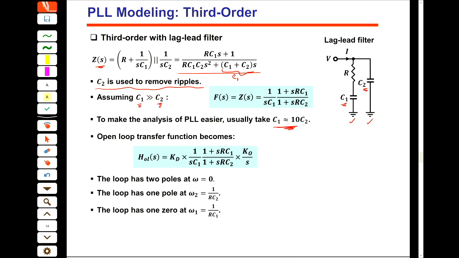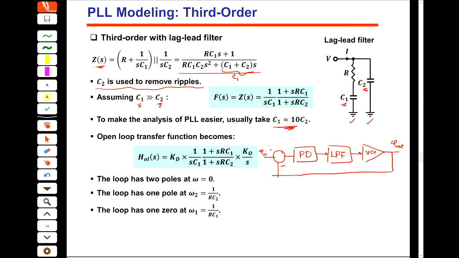So the open loop transfer function, again, is the phase detector, the low pass filter, and then the VCO, coming back, and here is phi in, and this is phi out.